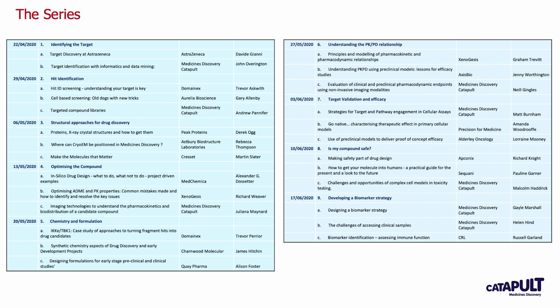We worked through optimizing the compound, with a focus on the chemistry involved. We introduced PK/PD and how that relates to and informs efficacy models. And we're finishing the series by defining safety, which was the subject of last week's talk, and biomarker strategies today.